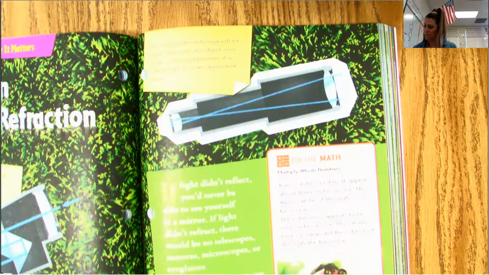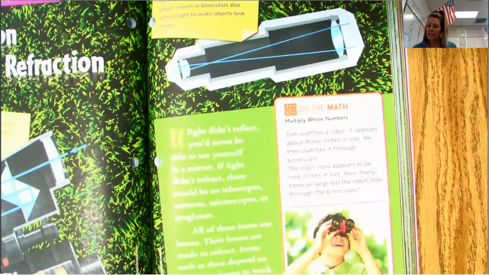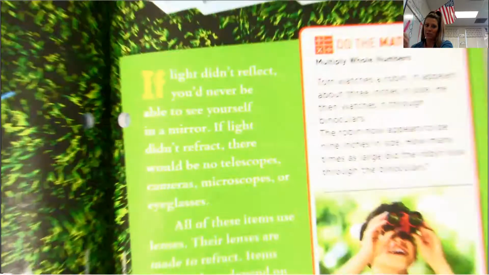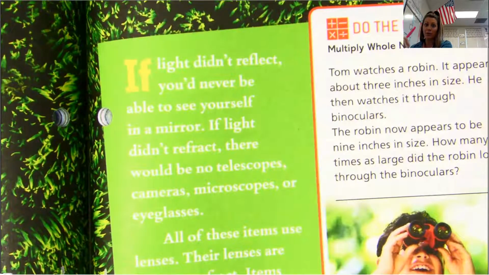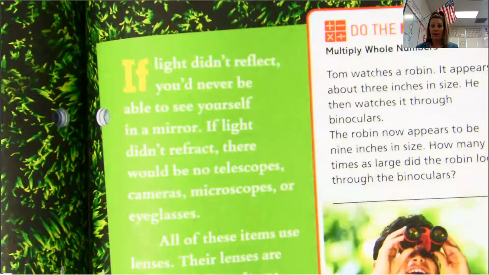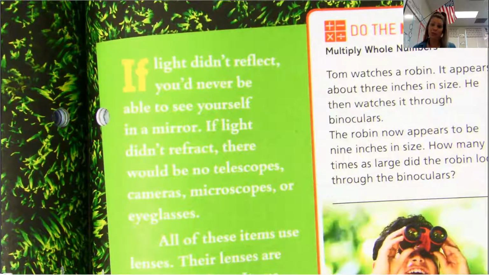Very interesting. If light didn't reflect, you'd never be able to see yourself in a mirror. That's interesting. Stop and think about that for a minute. If light didn't refract, there would be no telescopes, cameras, microscopes, or eyeglasses.